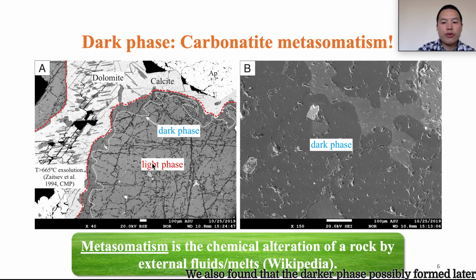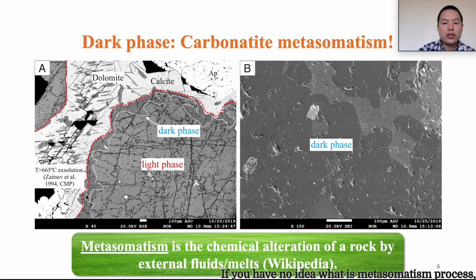We also found that the darker phase possibly formed later than the lighter phase. As we can see, most of the dark phase is distributed at the boundary of the light phase, possibly formed by the reaction of light phase with the late carbonatite melt, represented by this vein.